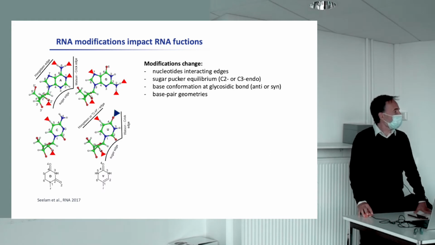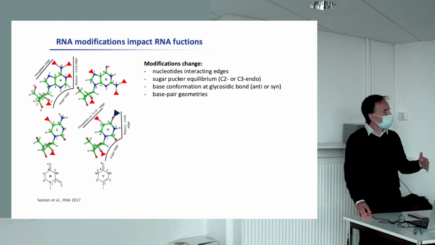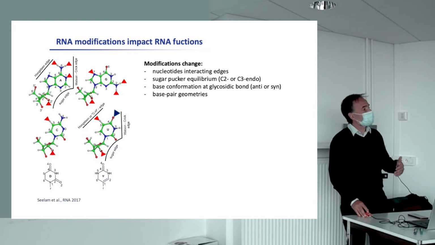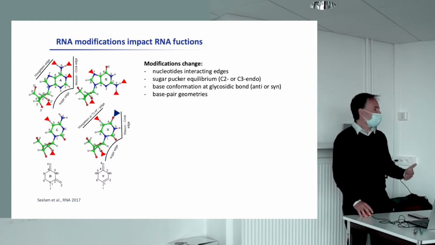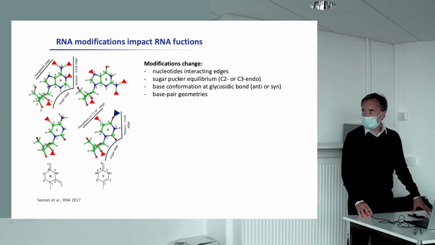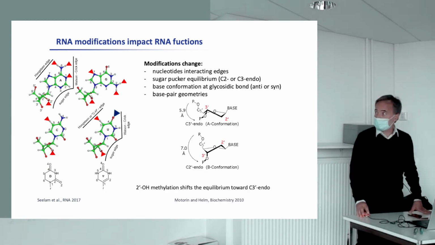three of these RNA edges, producing a direct effect on the structure of the RNA molecule that has been modified. Because, for example, I will just give you some quick examples.